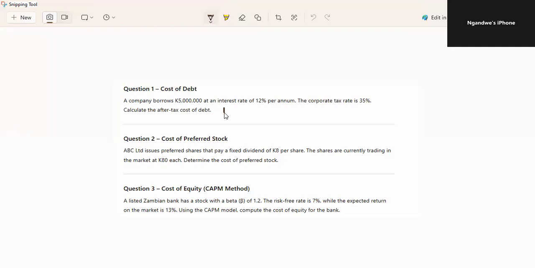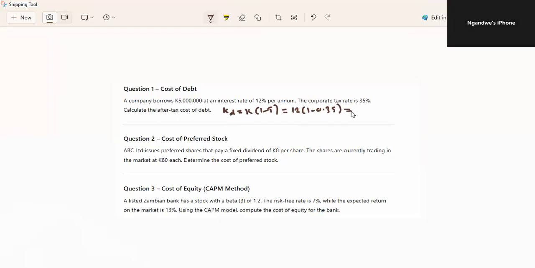So after-tax cost of debt, remember we said KD is equal to the cost of debt before tax times 1 minus the tax rate. So we have our cost of debt, which is 12%. Then 1 minus what? 35%. So some of the figures are there to confuse you. We're not using the 500,000 anyway.